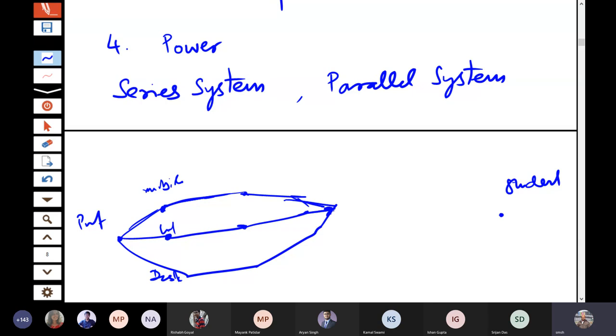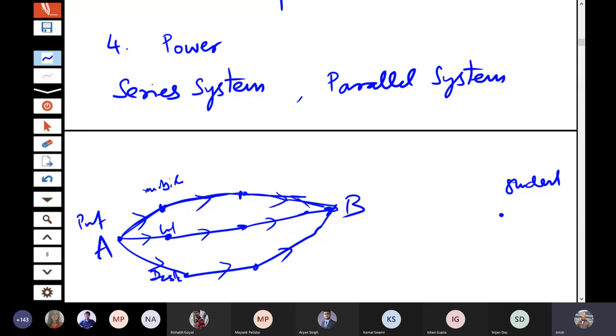Again the student is also having similar things, okay. So if this link is working, then the class can be conducted. If this link is working, then the class can be conducted. If this link is working, then the class can be conducted, okay.